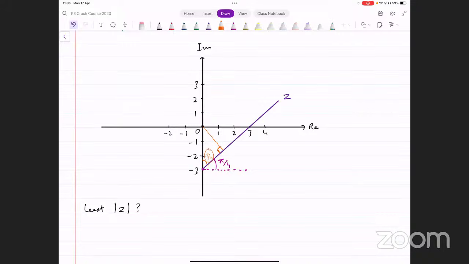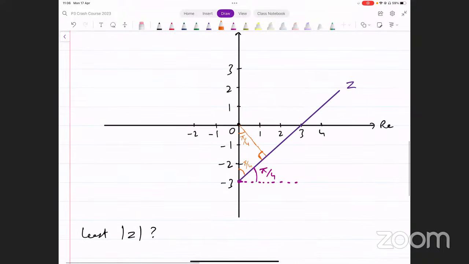So it's an isosceles triangle, in which if this length was x, this other length would also be x. It's an isosceles right angle triangle. And we know the hypotenuse of this triangle, which is 3 units. So this length here is 3 units.